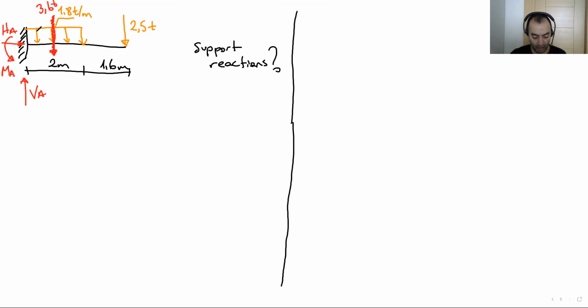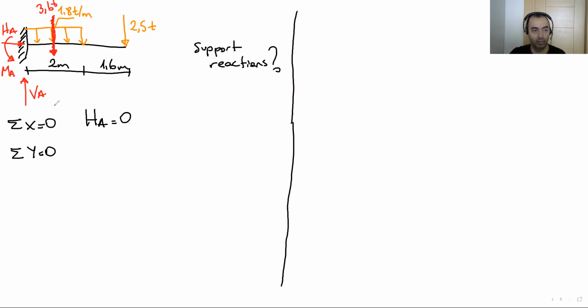Let's write total x equals 0. In x direction, I have only HA here, HA in positive direction. Is there any other on the beam? Anywhere else? No. So if total x is 0, HA equals 0. There is no support reaction in horizontal direction. Let's do total y equals 0.